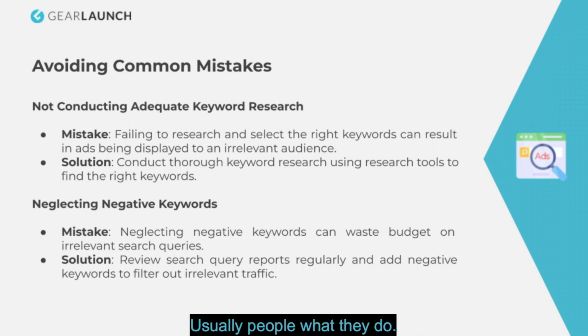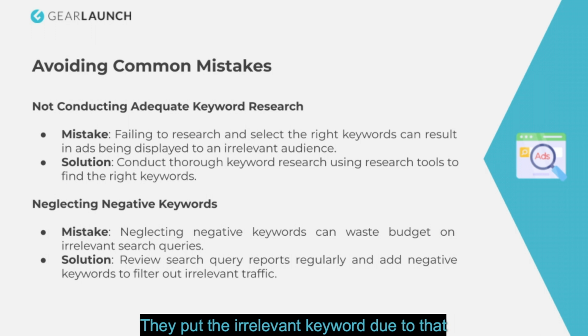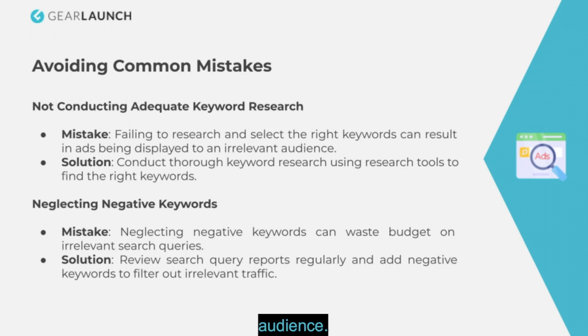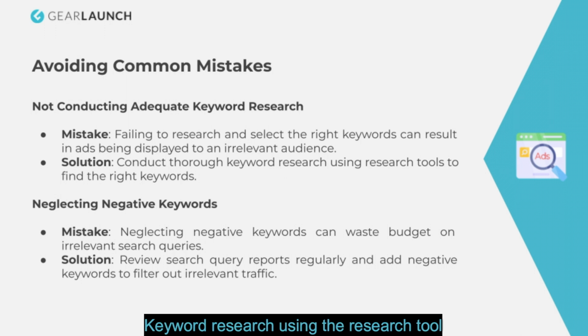Usually people put in irrelevant keywords, and due to that, your ads will be shown to an irrelevant audience. The solution is to conduct keyword research using a research tool, which you will find in the Google Keyword Planner, and you can use some tools like SEMrush and other tools also.